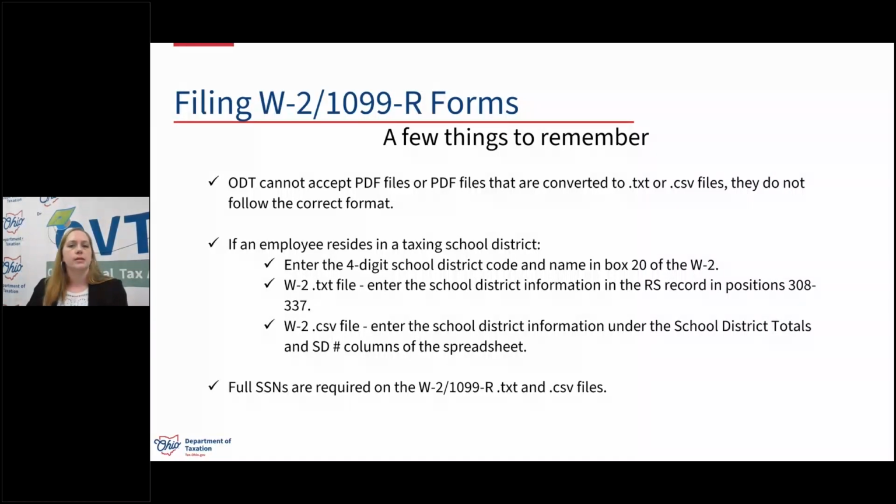The IRS does allow you to redact a portion of the Social Security number on the W-2s issued to your employees. However, when submitting the W-2 or 1099-R information, whether it's the text or CSV file types, the full Social Security number is required.